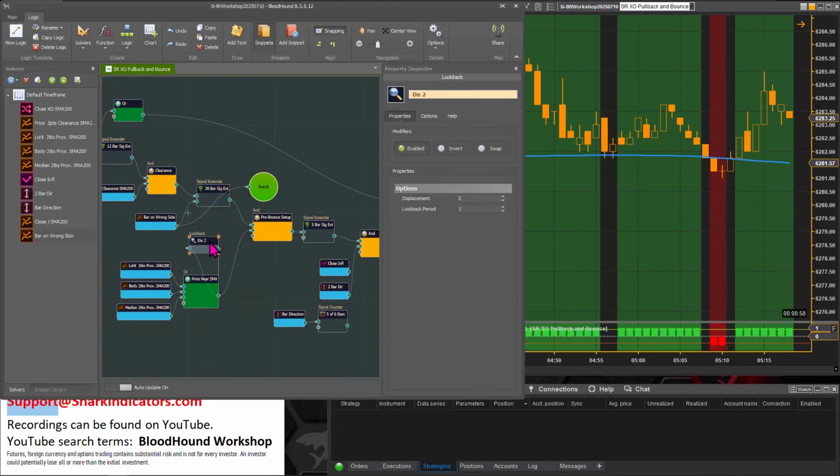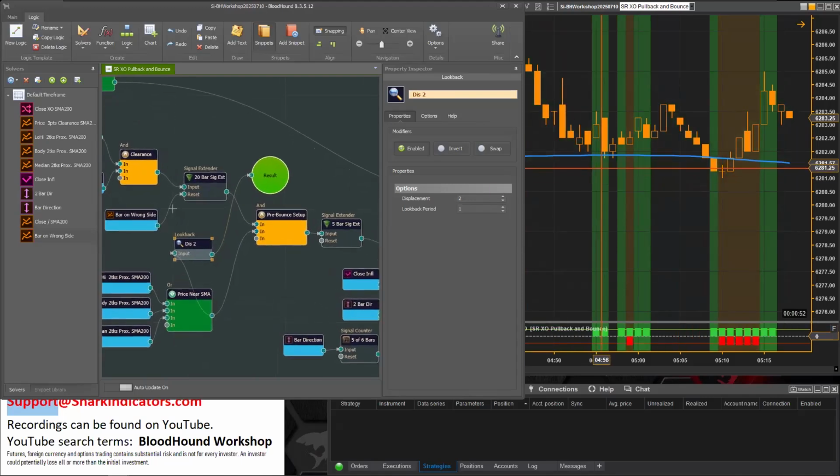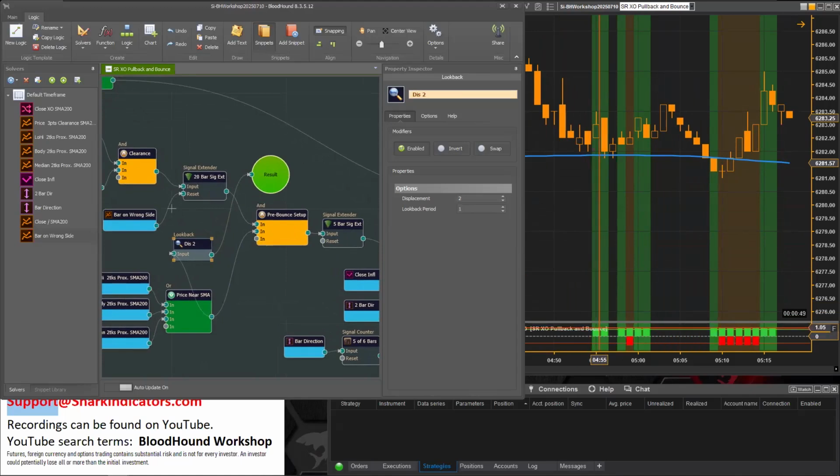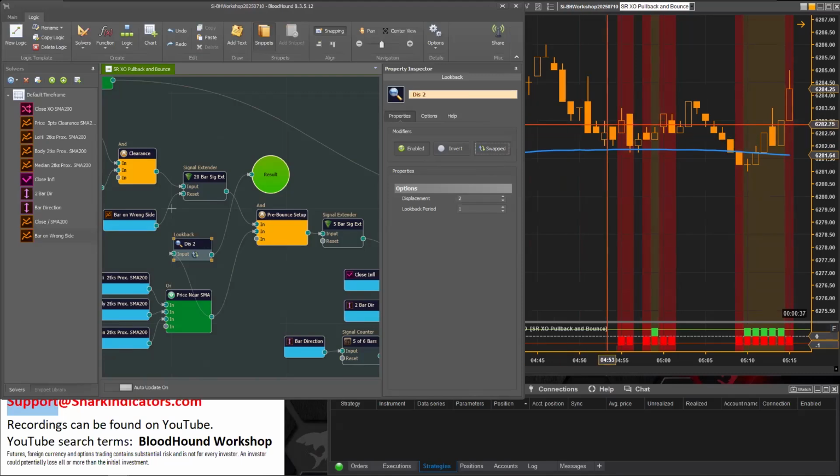So this output here, coming from our look back node, also needs to be a short output as well. So what I'm going to do is just hit the swap button, and bingo, now we have short outputs. I can pull this back here.